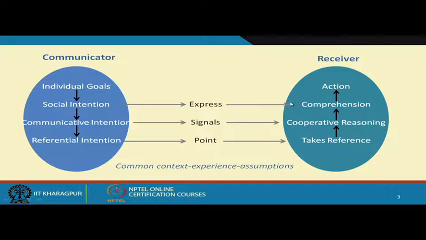There could be preliminary drafts being formed, and that rolls back to the user, and the user comprehends that to some extent. So if we look at the user or the receiver, these expressions need to be comprehended. It goes for a comprehension, and only then some action could be taken at the receiving end. So this is the first level of communication which is happening between the communicator and the receiver.